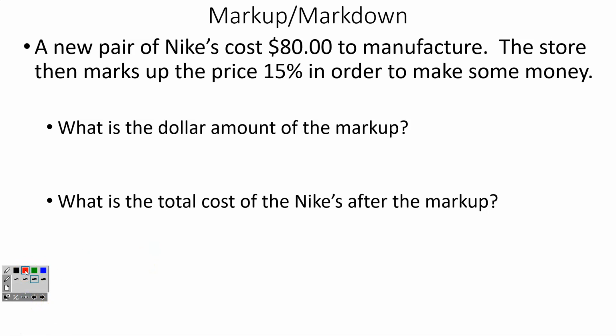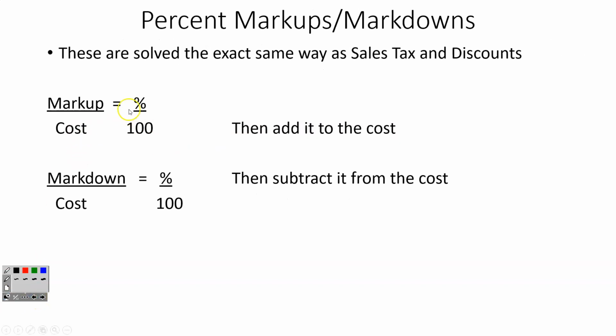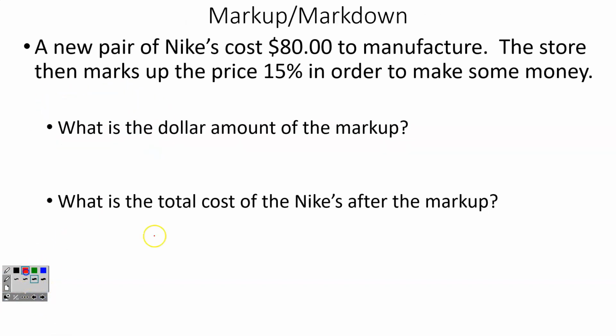So it looks something like this. A new pair of Nikes cost $80 to manufacture. The store then marks up the price 15% in order to make some money. The first question is, what is the dollar amount of the markup? Just like what we did for sales tax and tips, we're going to do X over the cost.